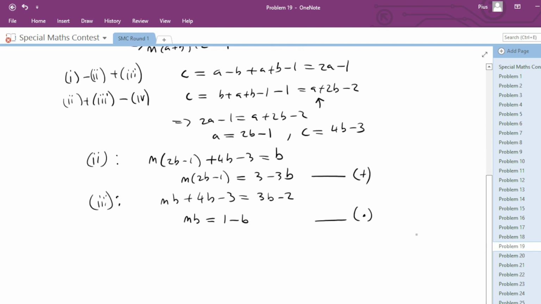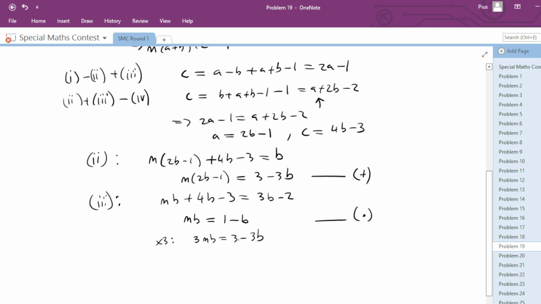If you solve these simultaneously, you should be able to get b and m, and in turn we can get a and c. From this, if we multiply equation dot by 3, the right side is going to be similar to the right side of equation plus. Multiplying by 3, we get 3mb is 3 minus 3b.